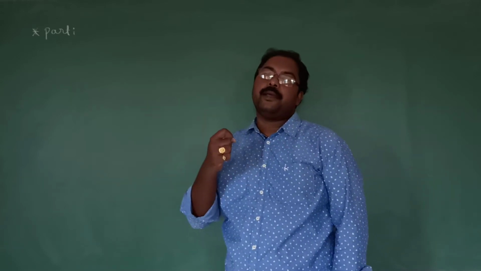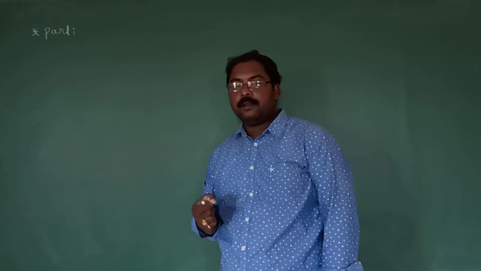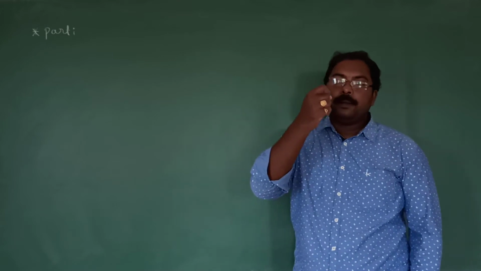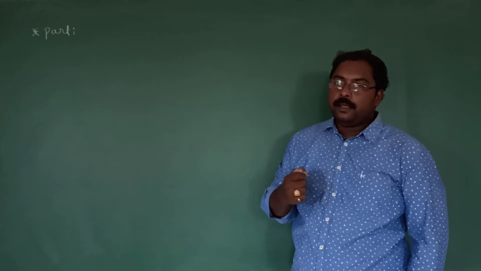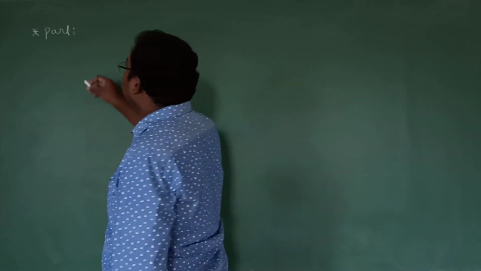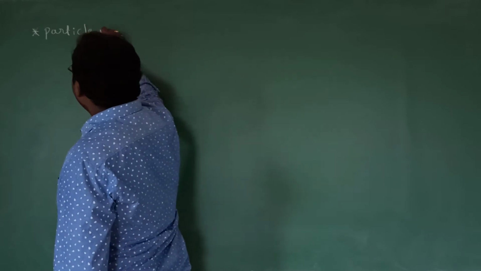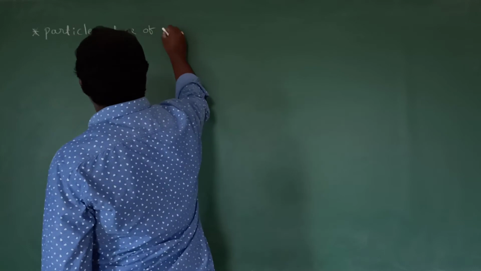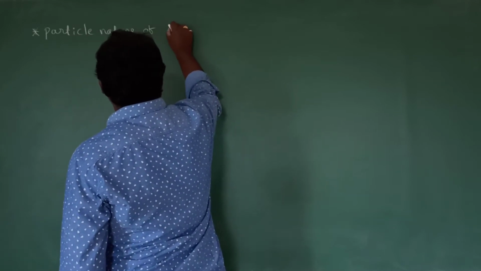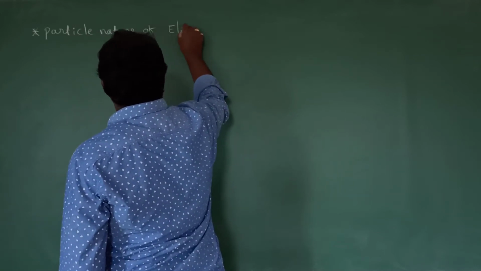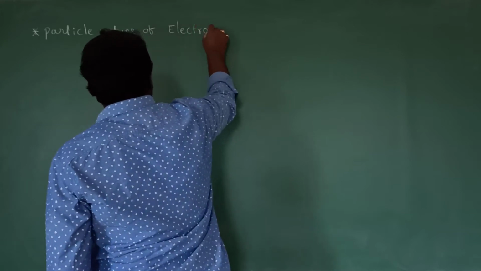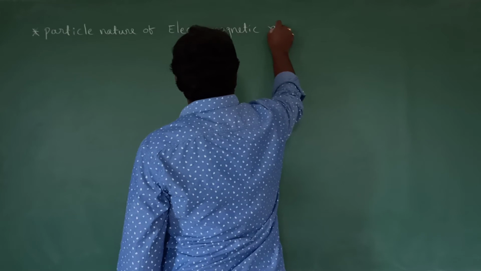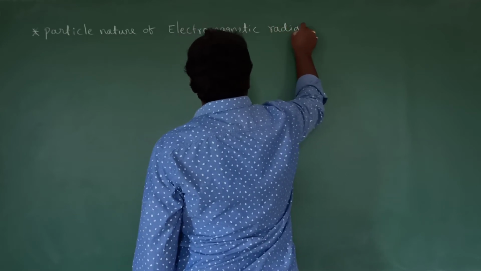That is, light has dual nature. That was proposed by Einstein. But before discussing the dual nature of light, first let us discuss the particle nature of EMR. EMR means electromagnetic radiation.